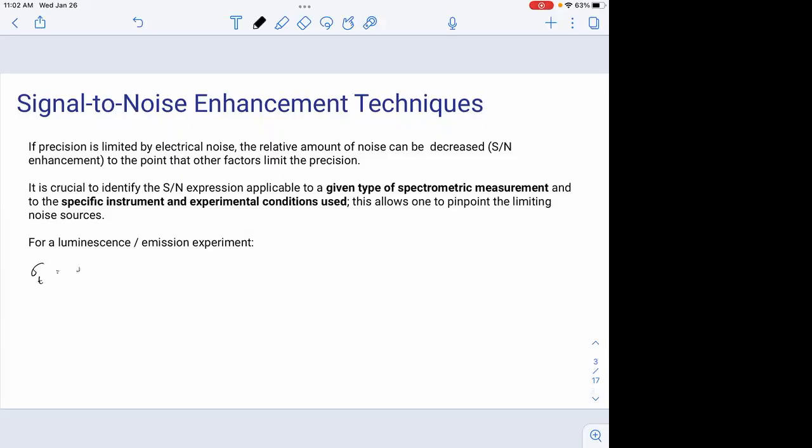This is a function of two sources, basically: the analytical signal, which I'm going to give a subscript S, so noise that's coming from the analytical signal itself, and any noise that's coming from the background.